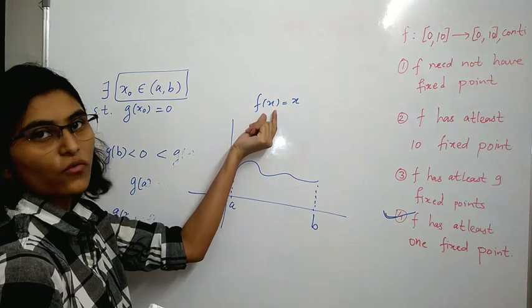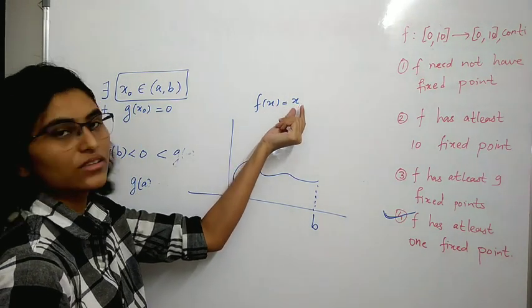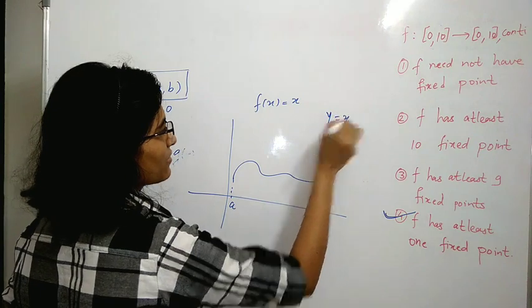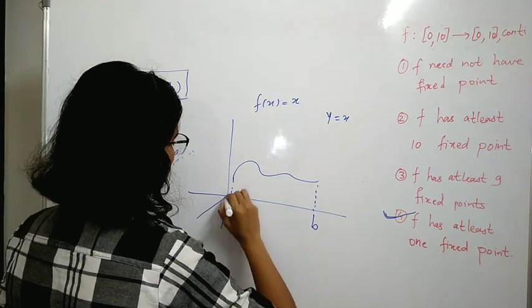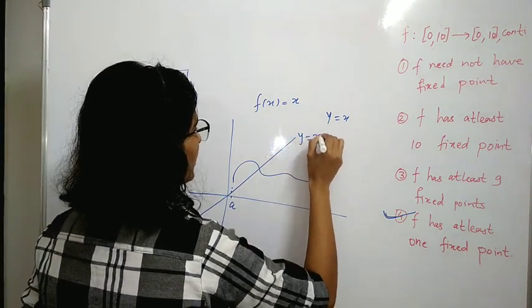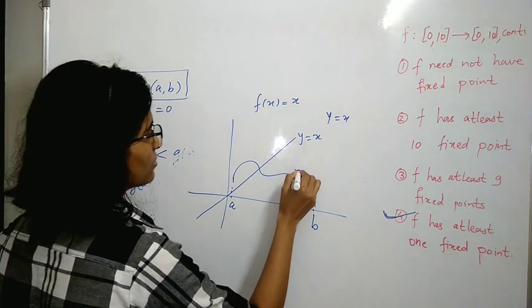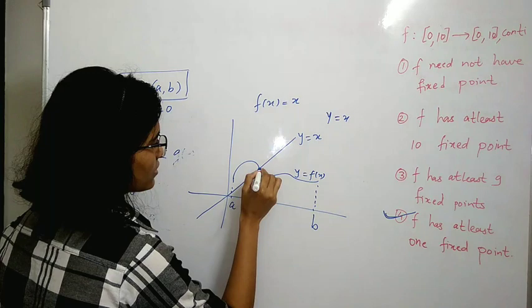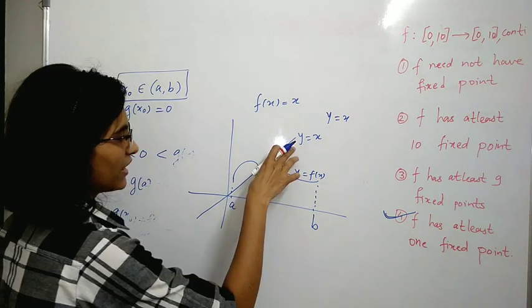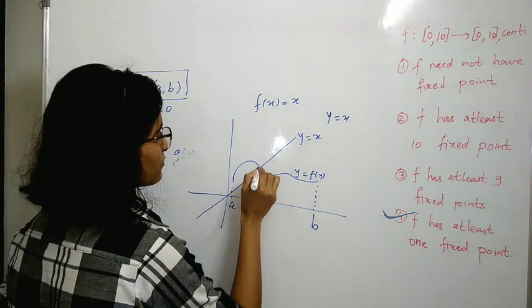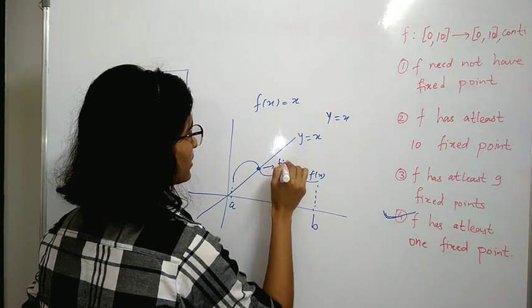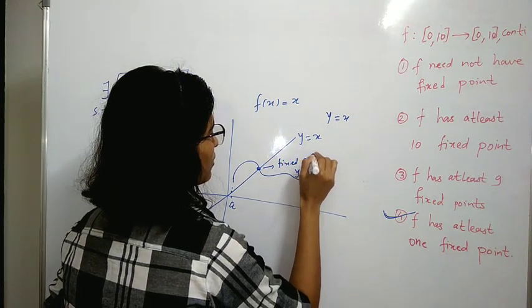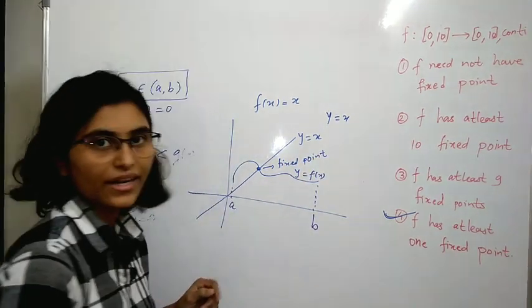The graph of f of x must intersect the graph of y is equal to x, right? So that means this is our function y is equal to x and this is our y is equal to f of x, right? So where this function intersects this line, we call this point the fixed point of the function f of x, right?